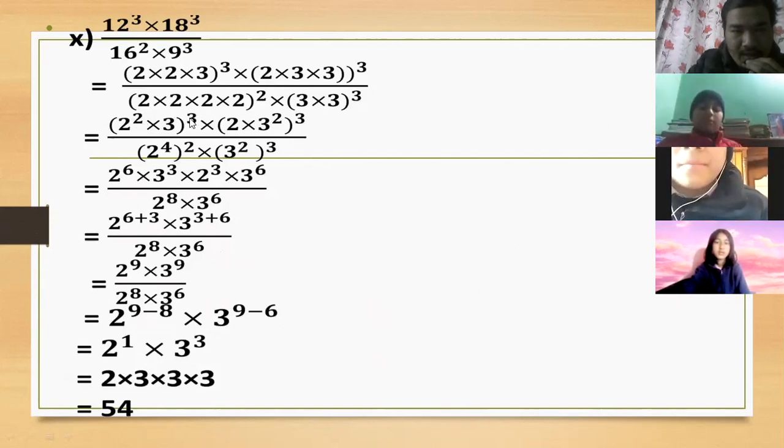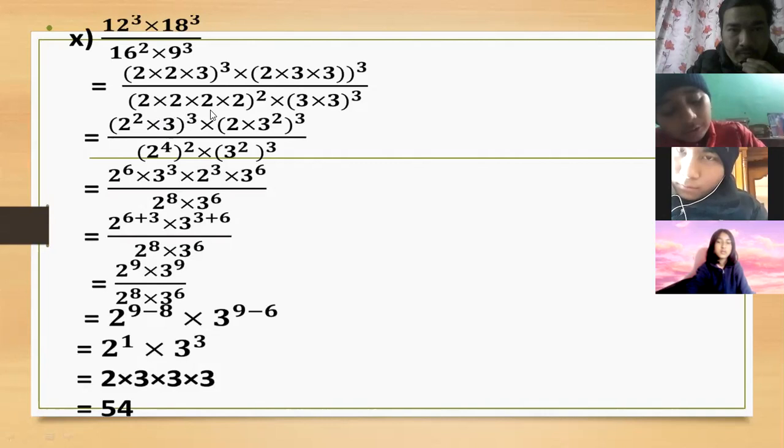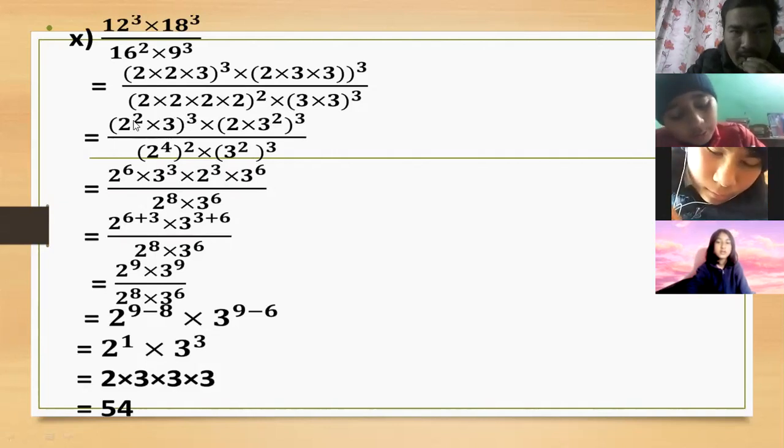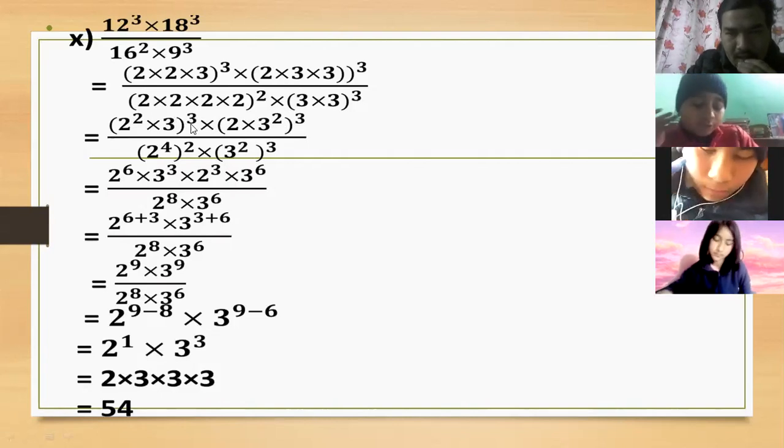Look here, this 2 and this 3 power will be multiplied. 2 times 3 is 6. Power and whole power will be multiplied. Have you understood? This 2 and this outside one, the bracket one, this power will be multiplied.